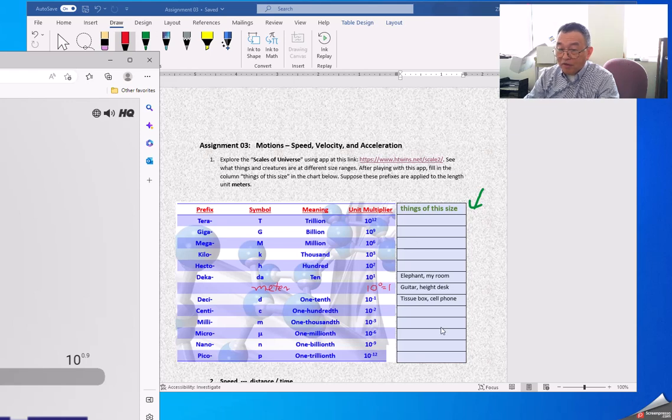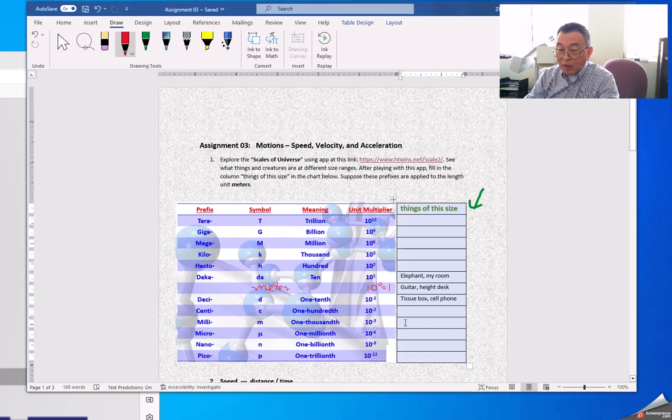For example, for the millimeter, 10 to the negative 3, you would say tip of a pen, or head of a pin.